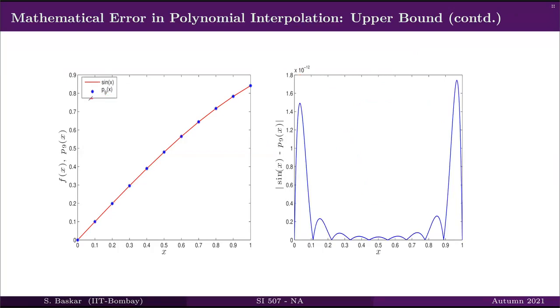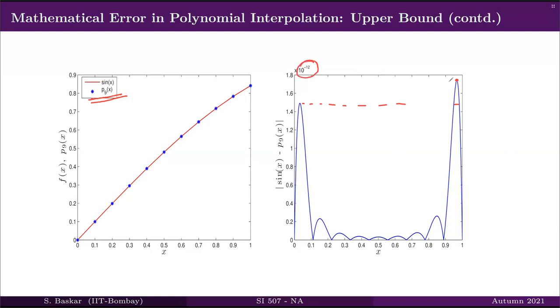Now I have gone to P9, and you can see that the polynomial is agreeing very well with the sine function. And also you can see that the maximum norm of the mathematical error, which is achieved at this point, has a value of something like 1.7 into 10 to the power of minus 12.